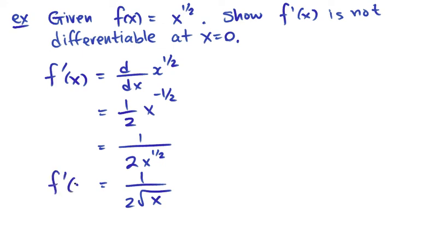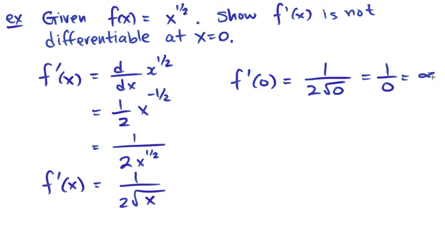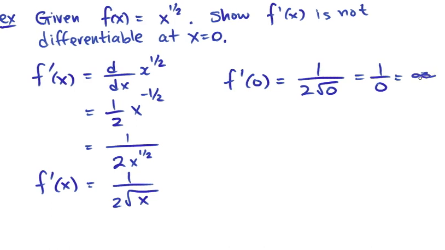So there's your general derivative, and we want to see what happens at x is equal to 0, and of course I substitute in a 0, which is 1 over 0, which is infinite, which is undefined, so f prime of 0 does not exist as an actual value.